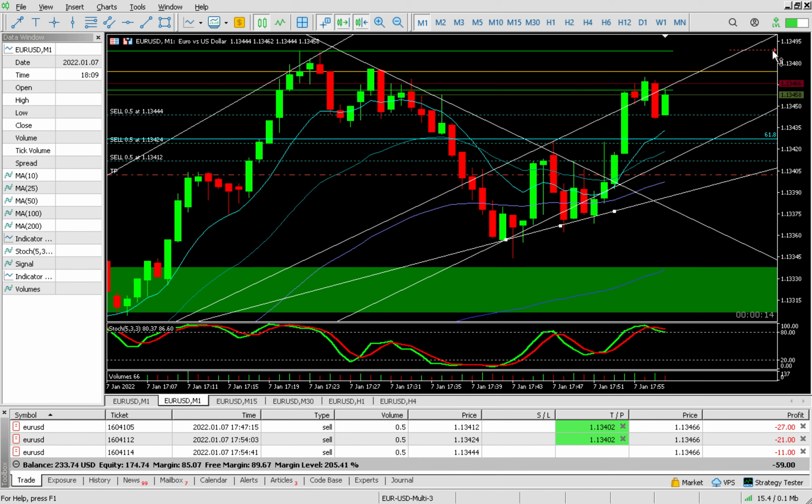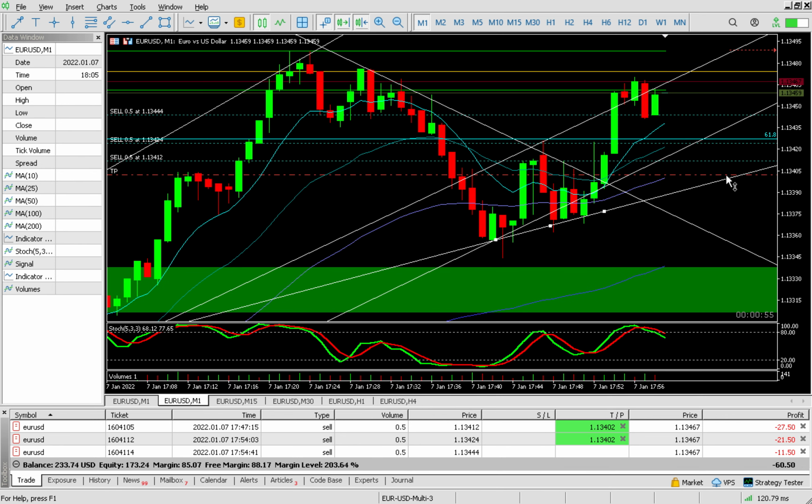Okay, so if it breaks through this up here, then we're probably gonna still be in an uptrend. Which, I think it will, but I hope not anytime soon, because I'd honestly just like to get out of these positions, go eat breakfast, and later on look for more upside potential.